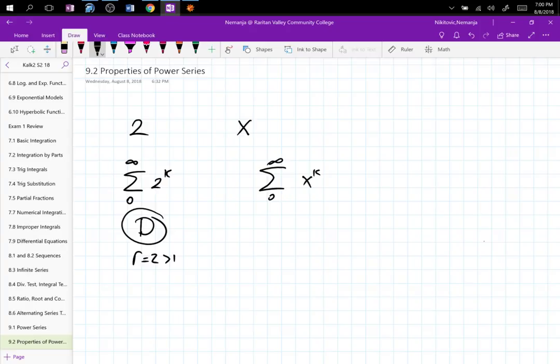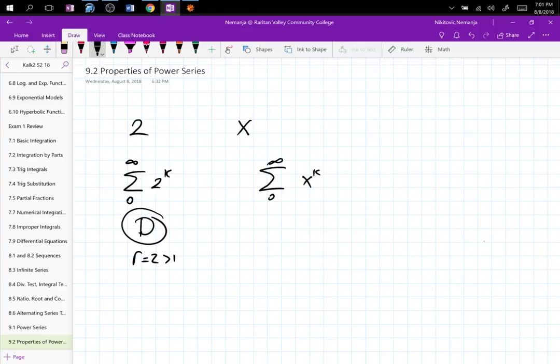Only when you give me the value of x, I will be able to determine whether it converges or diverges, right? So the fate of this power series, so now I have to go and say, if x is between 1 and -1, it converges, otherwise diverges.